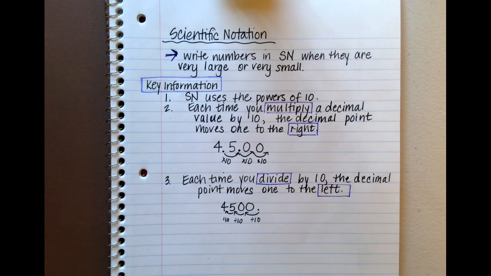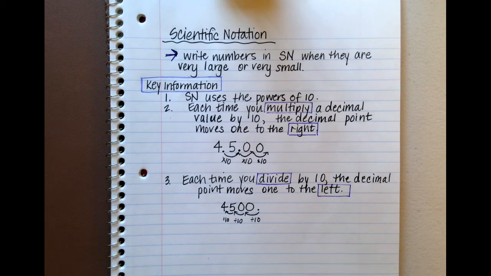The second piece of key information is that every single time I multiply a decimal value by 10, fancy math way of saying if I have a decimal number and I multiply by 10, I move that decimal point 1 to the right. So you can see an example there.